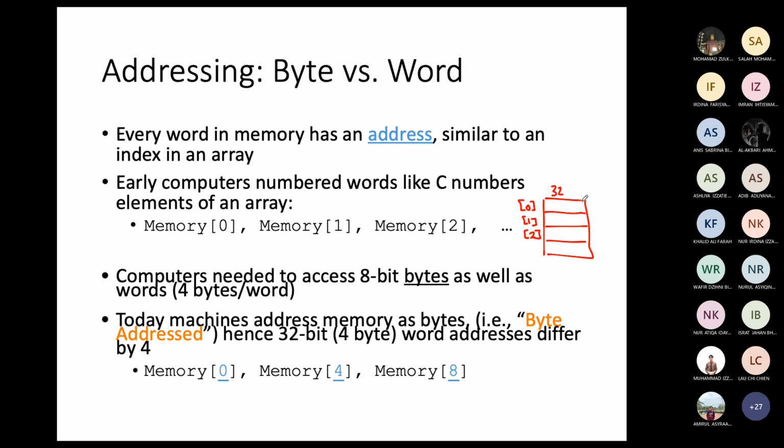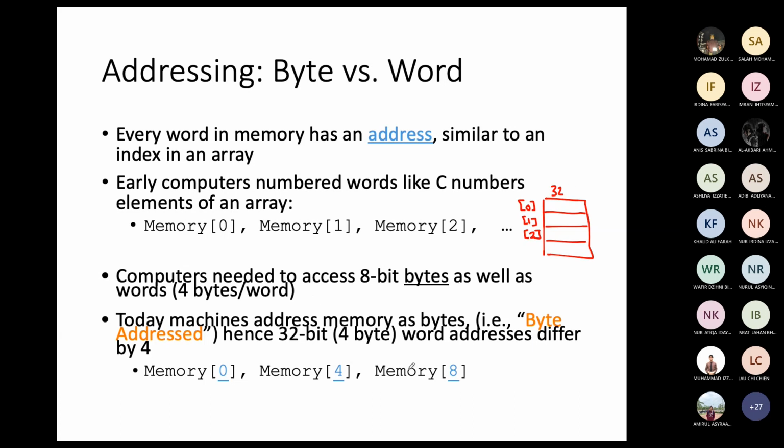In this case 32 bits is one word. Today's machines address memory as bytes, thus comes the term byte address. They don't use bits because bits are too long, so they use the byte address to represent the computer's memory address.